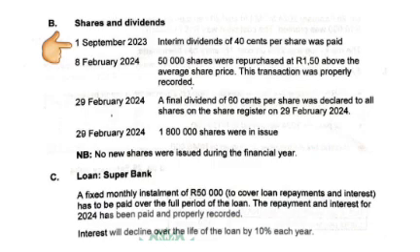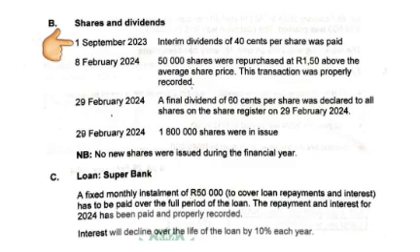So we have to know what had happened on the 1st of September 2023. That means the 50,000 buyback of shares had not happened yet, because that comes after. According to our timeline, that happened on the 8th of February, whereas our interim, we paid it on the 1st of September 2023. So that was before we bought back the shares.